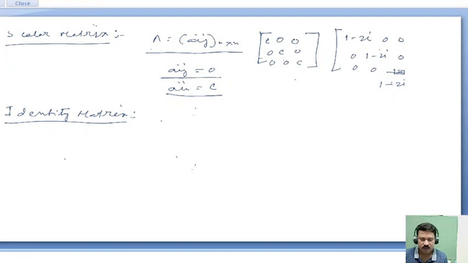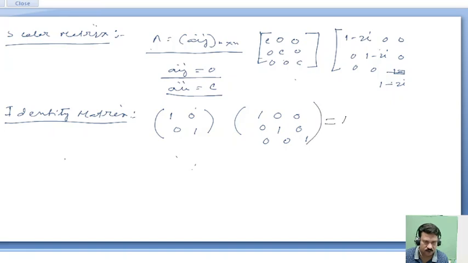If in a scalar matrix all the diagonal elements are unity, then this type of matrix is called identity matrix. 1 0 0 1, and 1 0 0, 0 1 0, 0 0 1.